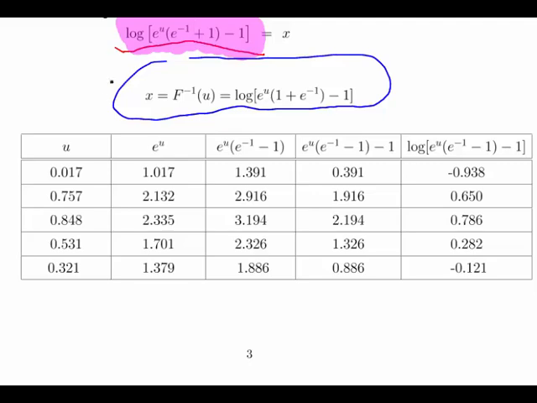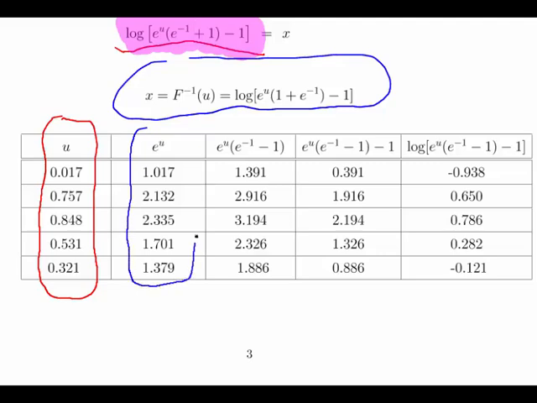So, this is the set of 5 numbers that we have drawn from the uniform distribution. And essentially what I'm going to do here is use this algorithm stepwise on a piecewise basis. For example, get the exponential of those 5 numbers. 0.017, get the exponential of that, we get 1.017.